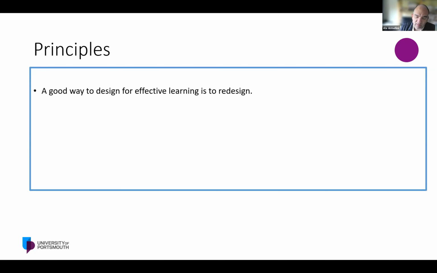As American writer Bill Zinsser used to say, the best way to write is to rewrite. Well, the best way to design for effective learning is to redesign. And that applies to courses and modules that work very well as to those that don't work very well. Always a good way to put learners at the heart of the learning process is to think again about what we design and redesign it.